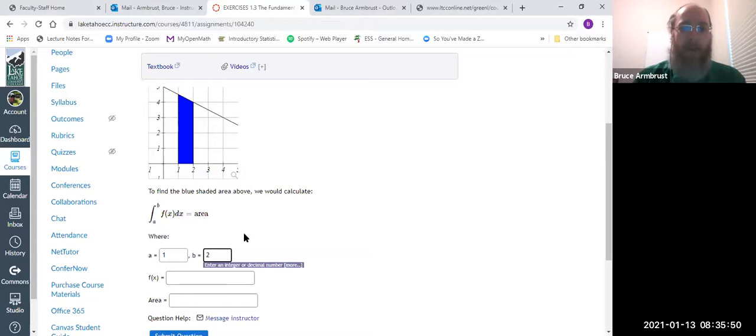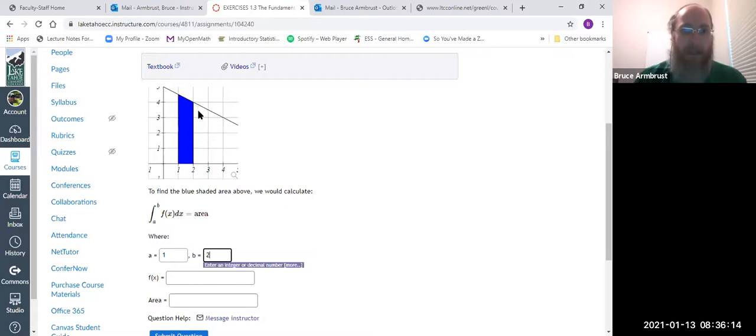So then we need to get the function. And so the function is just going to be this top. It definitely looks like a line to me in terms of what its equation is. Look for nice points. So it looks like we've got a nice point right here, nice point right there, nice point right there.